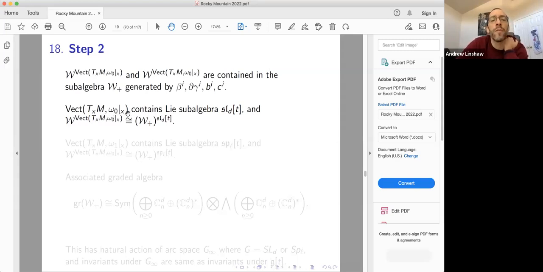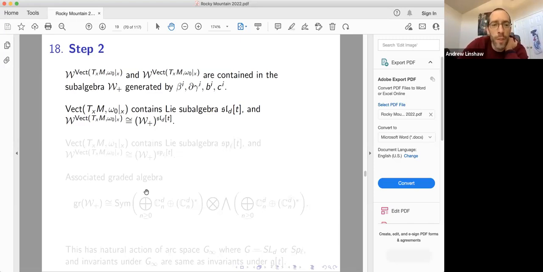This Lie algebra of Cartan type contains a Lie subalgebra which looks like half of an affine Lie algebra, sl_D adjoint [t], polynomials with sl_D coefficients in the variable t. Moreover, if I take W plus and take only the invariants under sl_D[t], that's the same as the invariants in W under this very large Lie algebra. These are isomorphic.